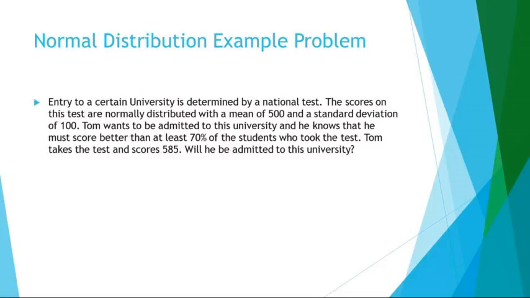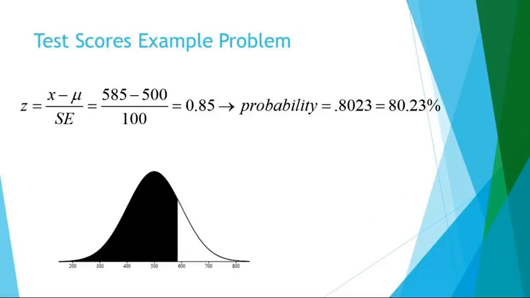So again, they give us our mean, they give us a standard deviation, and they give us a score. So they give us a threshold. So we can plug in all those numbers. We get 585, his score, minus 500, because 500 was the mean, over 100, because that was the standard deviation. And they didn't give us a sample size, so our standard deviation is our standard error.